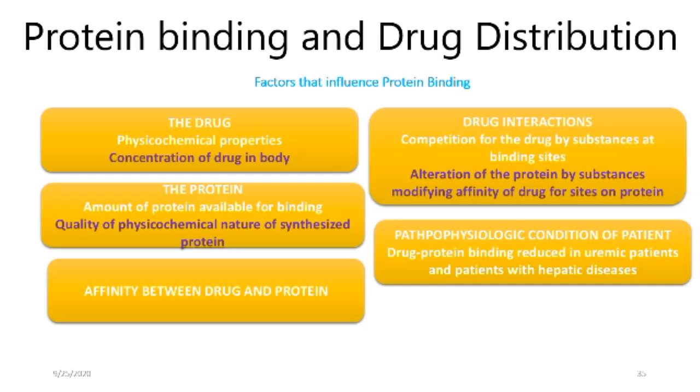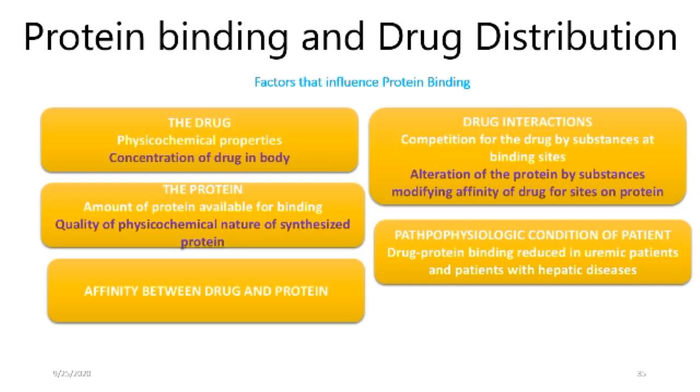So that can affect distribution. The quality of the physical chemical nature of the synthesized protein: is there any space for the drug to bind to? What type of binding is going to happen? Is it an irreversible or a reversible one? The affinity between drug and protein.